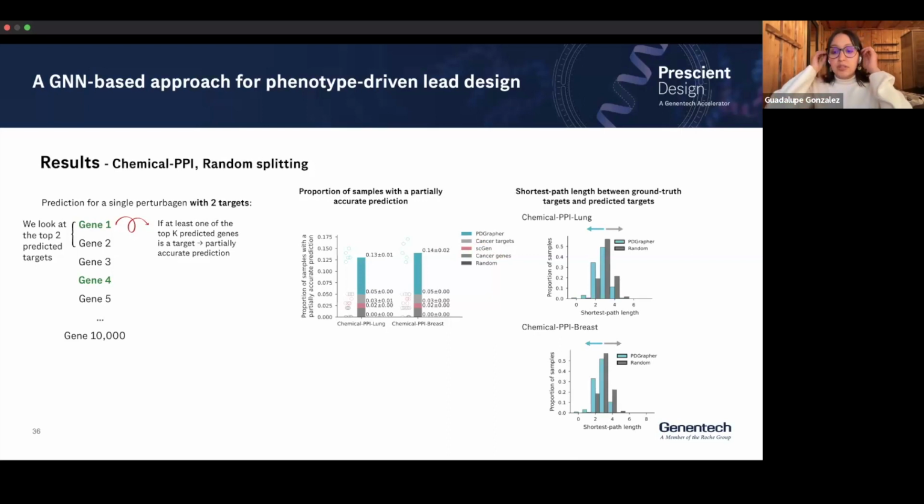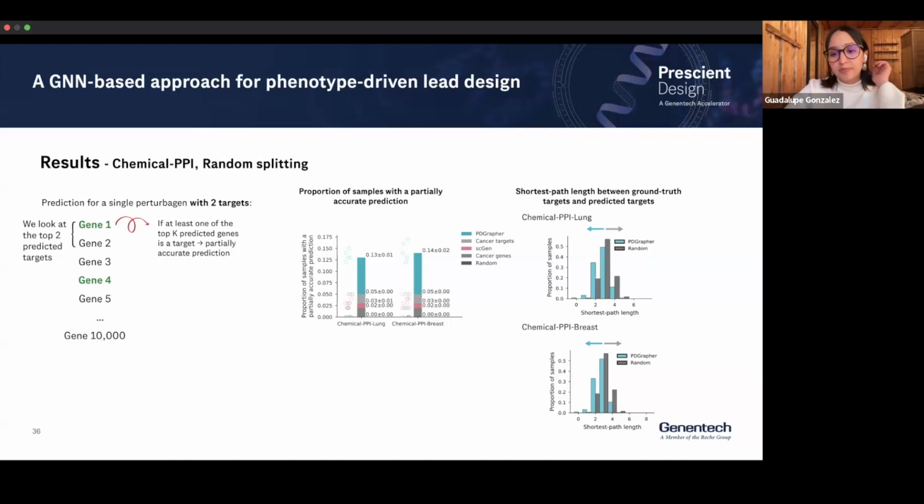Interestingly, we also show that the genes predicted by PDGrapher are closer to the ground truth targets than what would be expected by chance. So the x-axis here is the shortest path length between the predicted targets and the ground truth targets in the network.